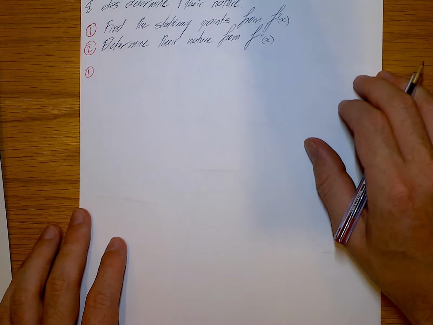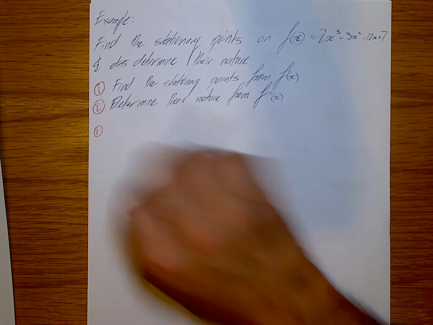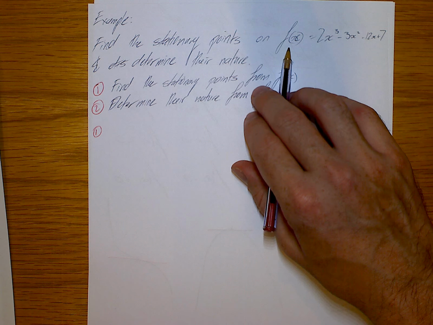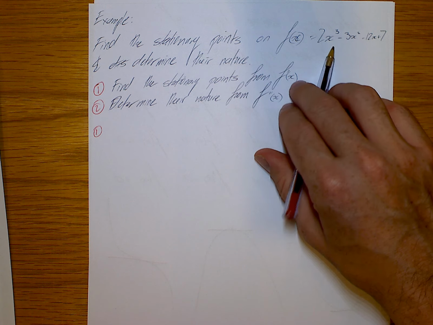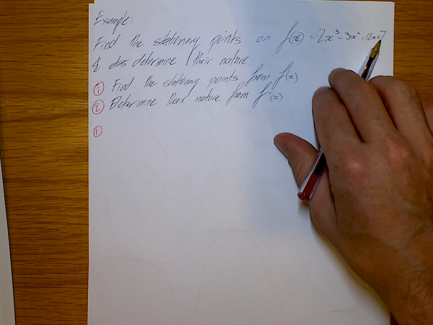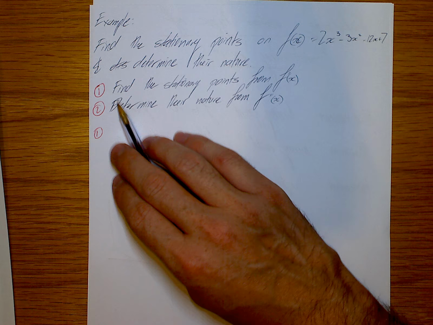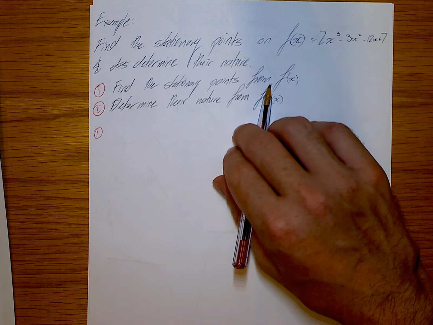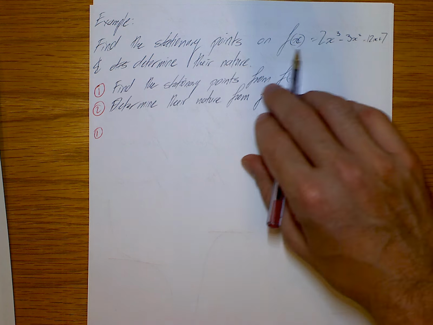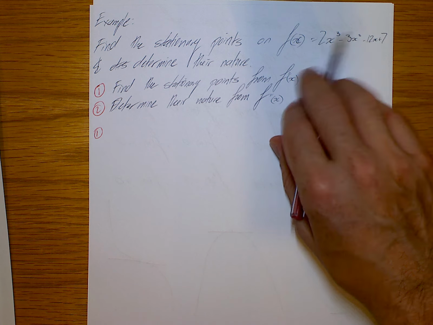Now, if we're going to do an example, typically the questions are in this style. Find the stationary points on our function f(x) = x to the power of 3 minus 3x squared minus 12x plus 7 and determine their nature. So there's two steps here. You've got to find the stationary points from f dash x. So we've got to differentiate this once, find out what our x values could be, and then find our y values.